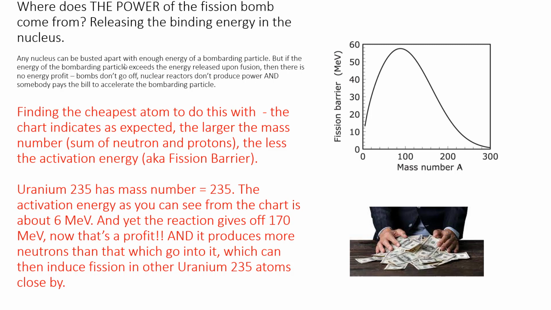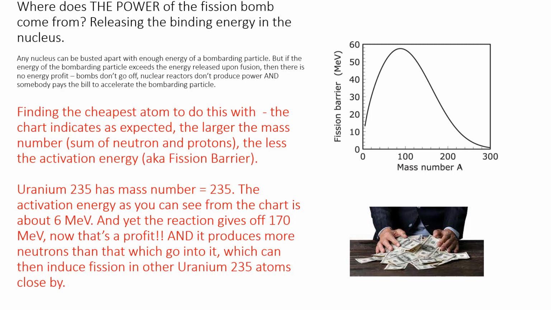But if the energy of the bombarding particle exceeds the energy released upon the fission, I meant fission here, not fusion, then there is no energy profit. Bombs don't go off, nuclear reactors don't produce power, and somebody pays the bill to accelerate the bombarding particle. So the key then is to find the atom that is inexpensive to bust apart.